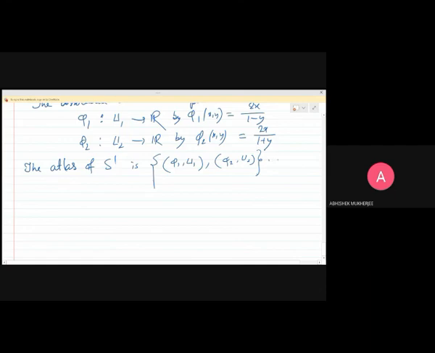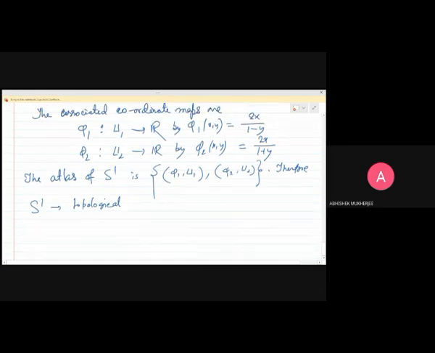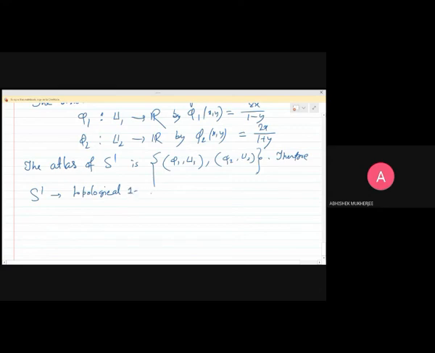Therefore S1 is a topological 1-manifold, having an atlas consisting of two coordinate charts.